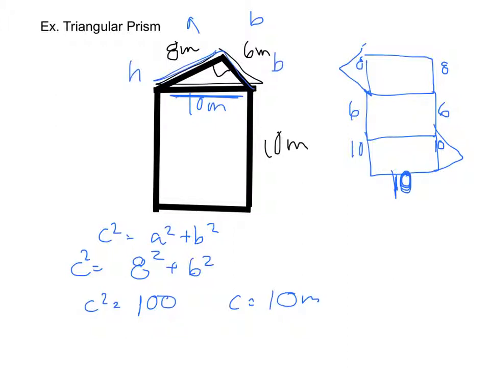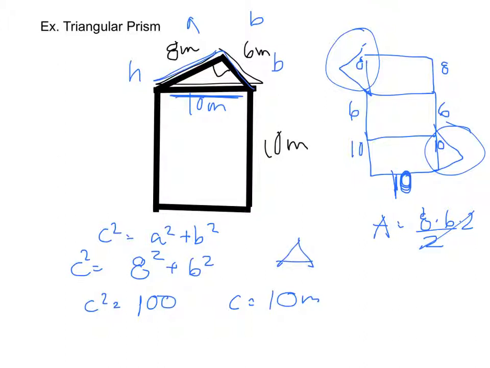So here and here, that area is going to be 8 times 6 over 2. But since we have 2 of them, essentially we can cancel out that 2 and get the area of our 2 triangles equals 48 meters squared.